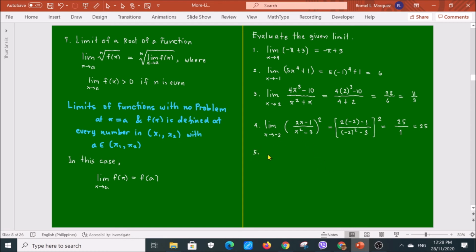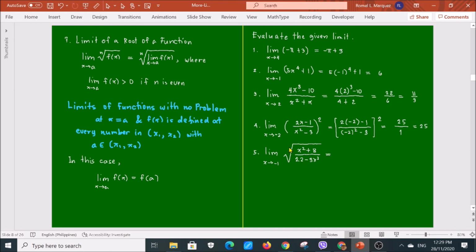Number 5. The limit as x approaches negative 1 of the square root of x squared plus 8 all over 22 minus 3x cubed. This is the radicand.